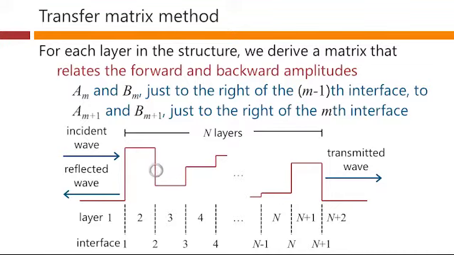So we could be relating the amplitudes here to the amplitudes just here, for example. So amplitudes A_m and B_m will be the forward and backward amplitudes in layer m, and amplitudes A_m+1 and B_m+1 will be the forward and backward amplitudes in layer m+1. In each case, we'll choose to define those to be just to the right of the interface with this index.